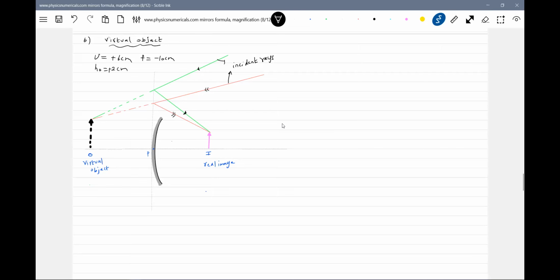Towards the right should be positive, because the incident rays are moving towards the left. Okay, let me use again the same mirror formula. This will be +6 -10.